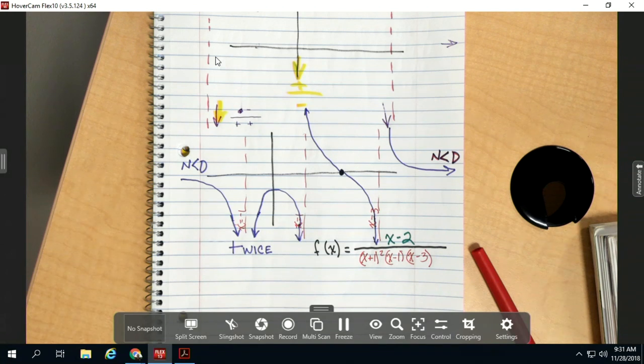Both going down. Numerator power must be less than the denominator power. How do you know? Because it has a horizontal asymptote at 0. So this can't be x minus 2 to the 7 or something like that.